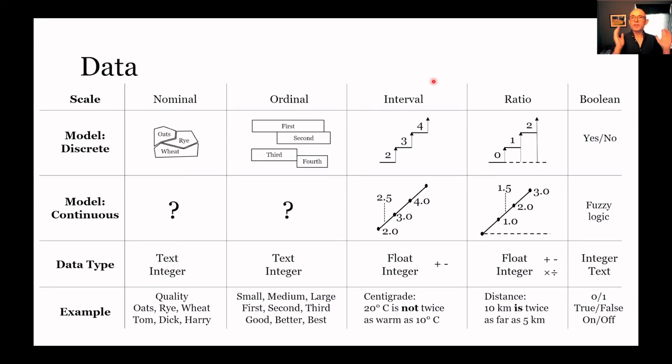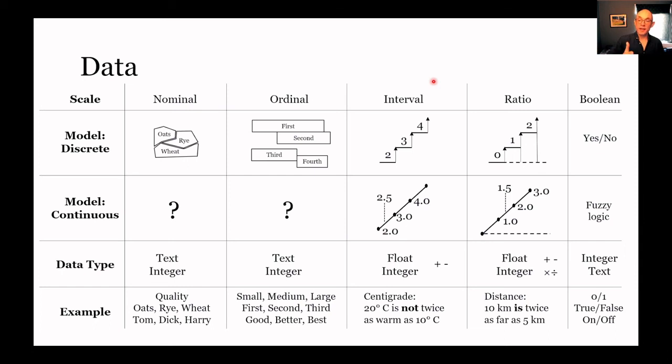Well, it's a proper 0, and if we then go to 10 Kelvin and then to 20 Kelvin, 20 is twice as much of this thing that we're talking about as 10 Kelvin is. And it happens that 1 Kelvin is the same size as a degree centigrade or Celsius, however you want to express it. It's just that the centigrade scale has no proper 0. The 0 is just an arbitrary point.